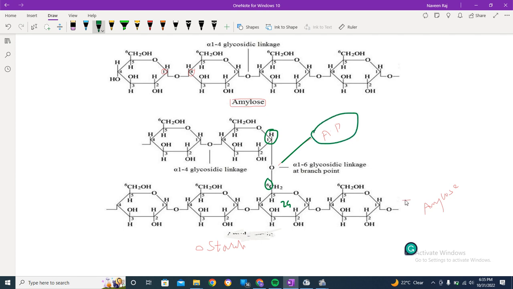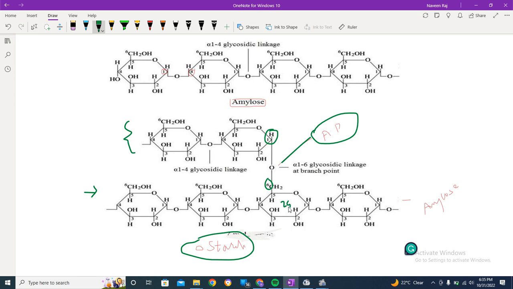Amylopectin and amylose form a complete molecule, that is starch. This is the linear chain over here, and this is the amylopectin chain, a branched structure. There are not that many branches, but there is one at every C25.